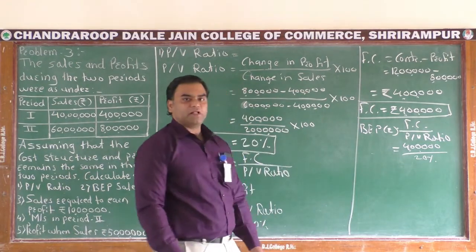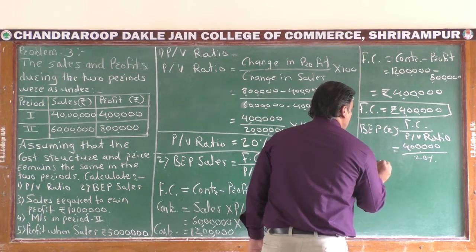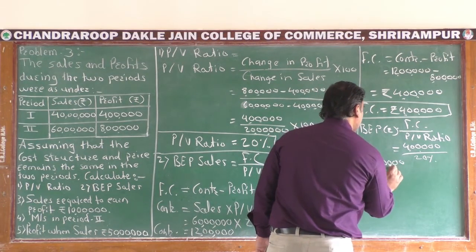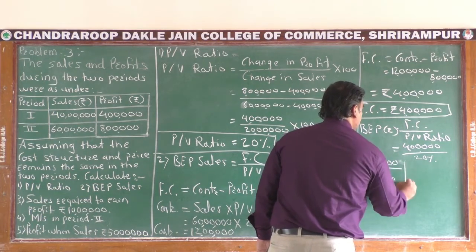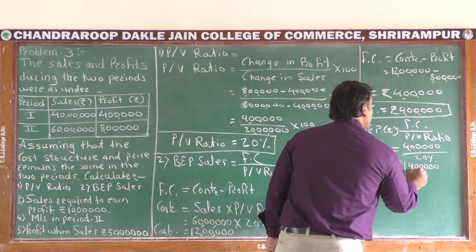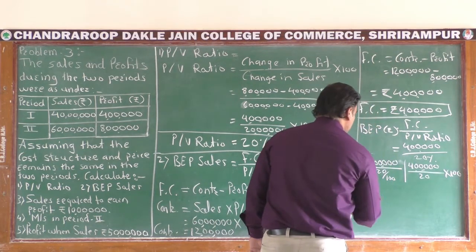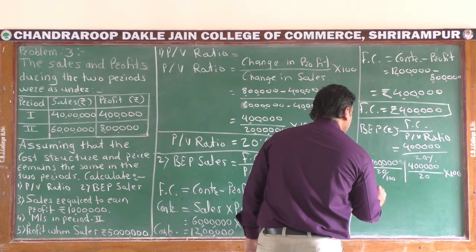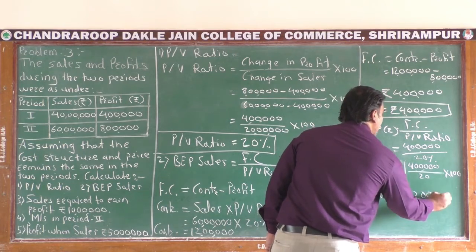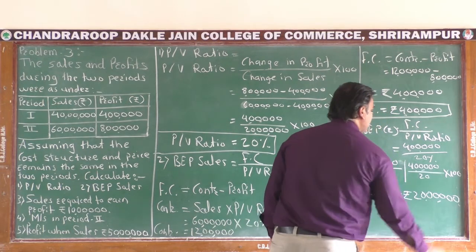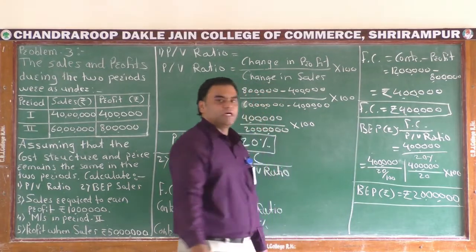So 4 lakh divided by 20%, that means 20 upon 100, means 4 lakh upon 20 into 100 is equal to BEP sales rupees 20 lakh. 20 lakh will be the amount of BEP sales. BEP sales are rupees 20 lakh.